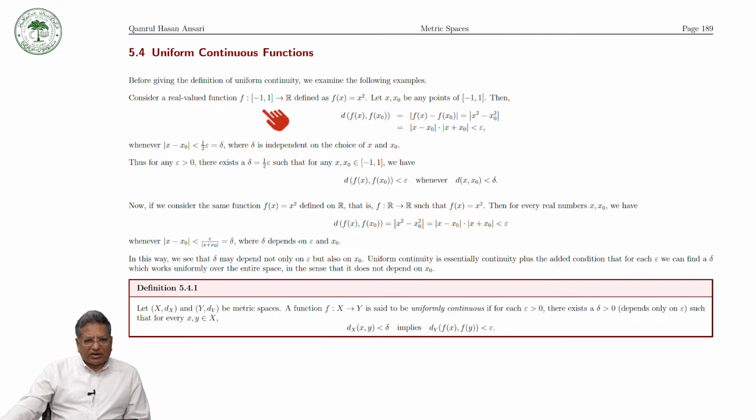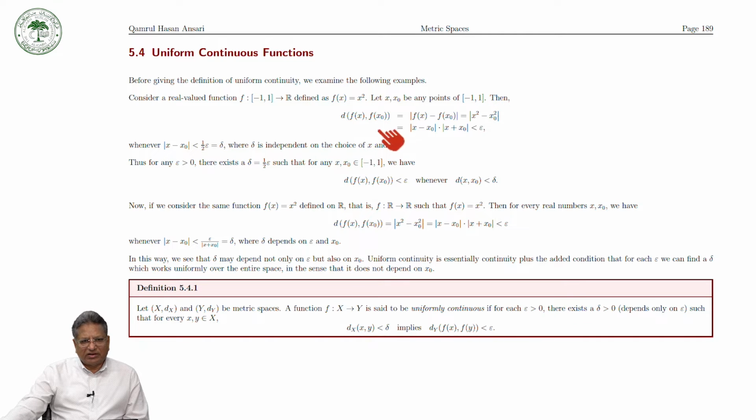So we are considering a function f from the closed interval -1, 1 to R defined by f of x is equal to x square. Let x naught be any point of this closed interval -1, 1.